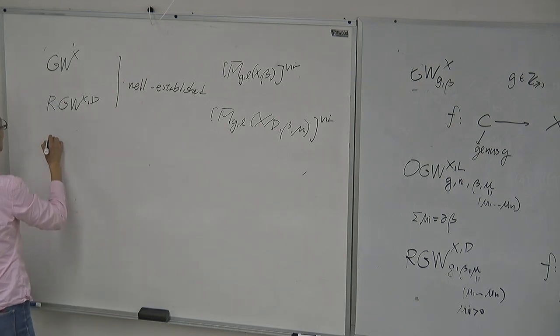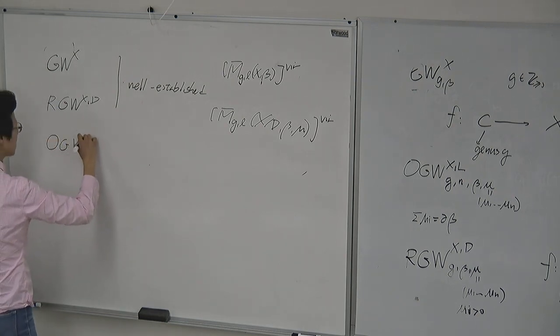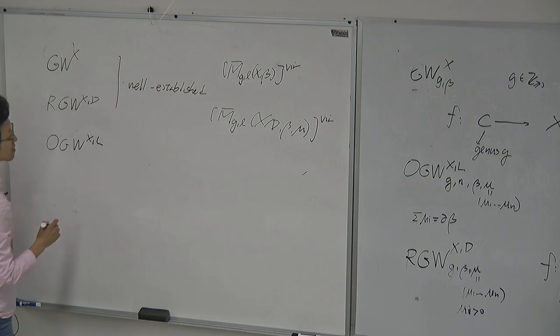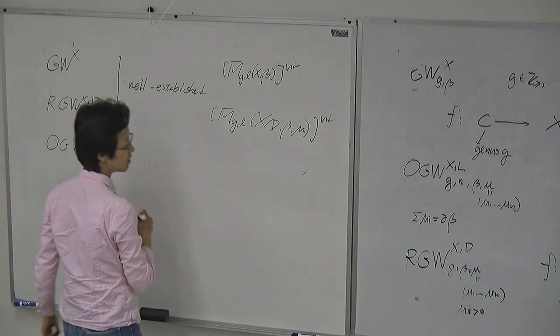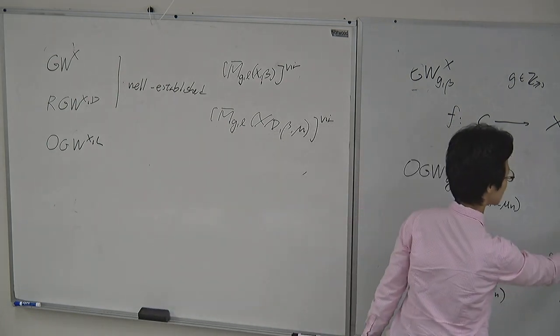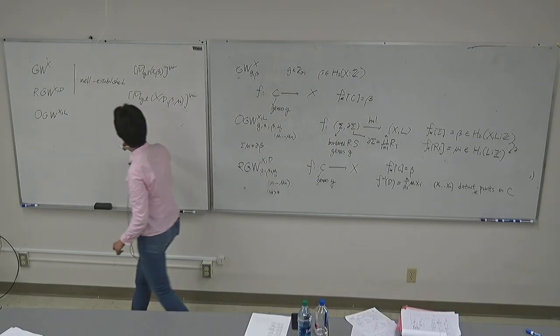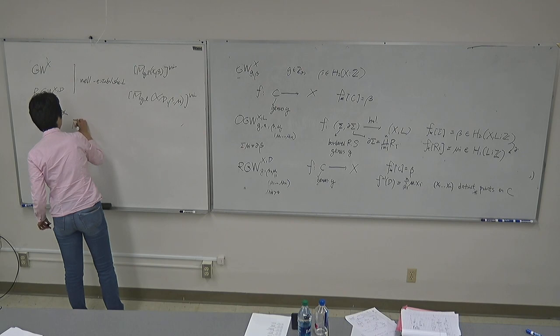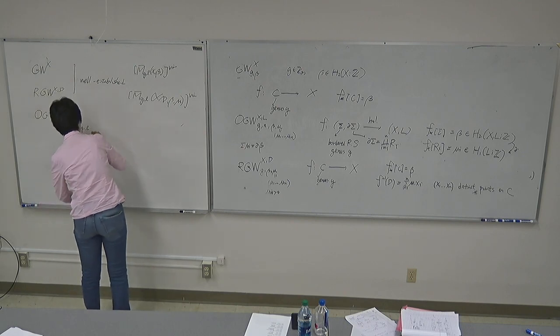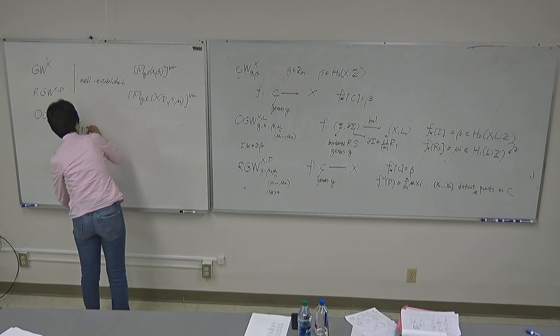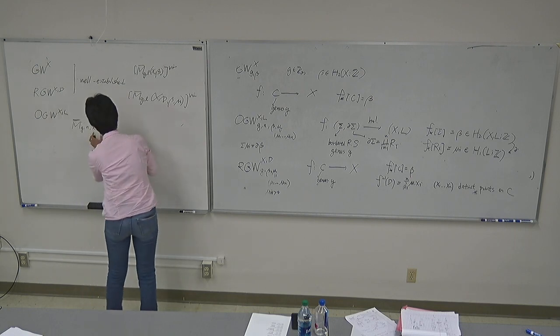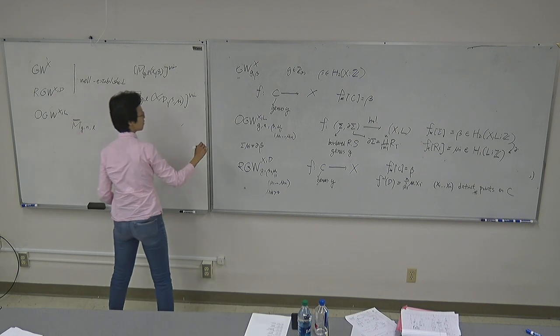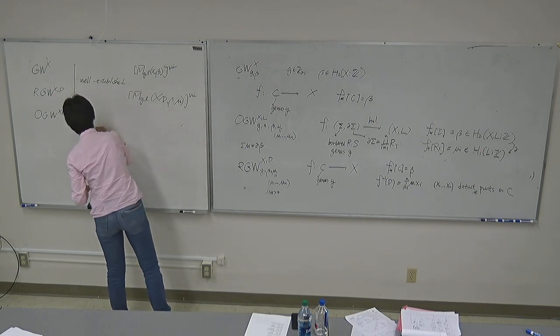But the problem is this open Gromov-Witten invariant of (X, L). This is usually not well defined, because of the following. You can consider the moduli of these maps, where l is the number of interior marked points, and now we have m boundary components.